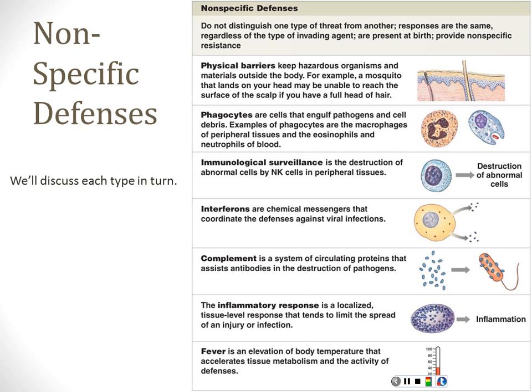For the swelling, we get increased capillary permeability. That means capillaries get leaky, okay? And you might think, well, how's that a good idea? Well, a damaged tissue needs to have more fluid for a couple of reasons.